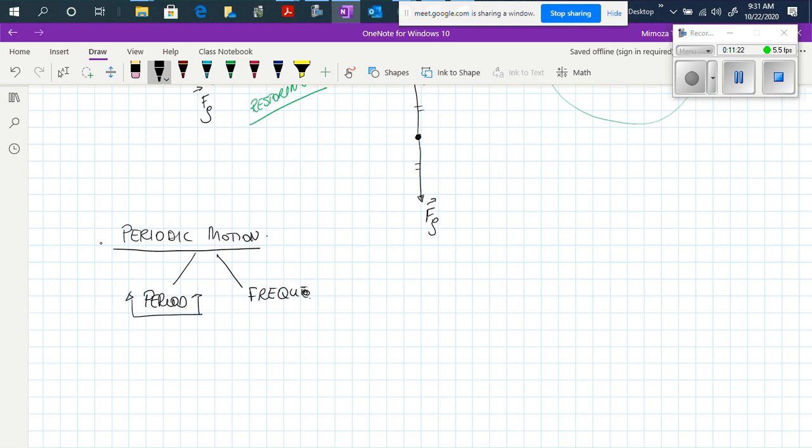The period is the time that the object takes to complete one revolution, which means one full circle.